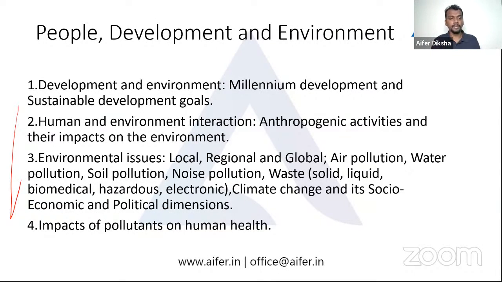So under environmental issues, we have local, regional and global issues, as well as air pollution, water pollution, soil pollution and noise pollution, and different types of waste like solid, liquid, etc. These all come under different impacts on environment due to different anthropogenic activities.